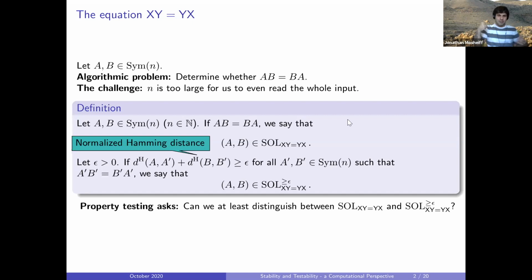I mean, we're doing a relaxation where we don't really care what our algorithm does if the object is not a solution, but it's very, very close to a solution, at distance less than epsilon from a solution. In that case, our algorithm can do whatever. But we just want our algorithm to correctly be able to distinguish between solutions and those that are epsilon far from solutions.